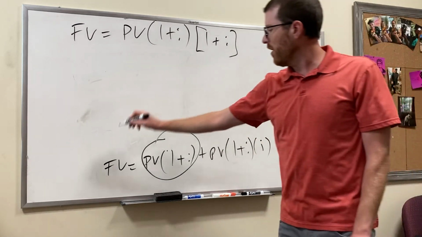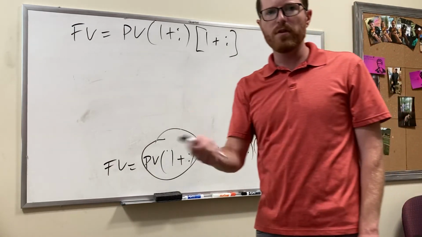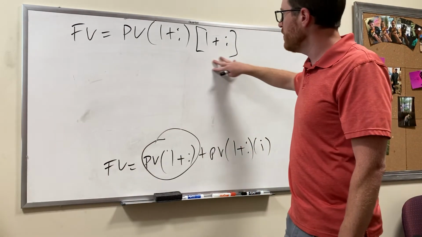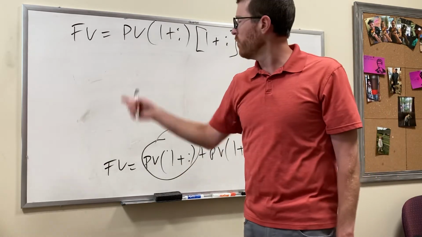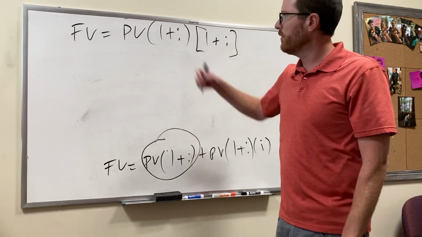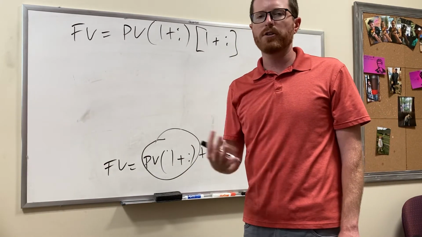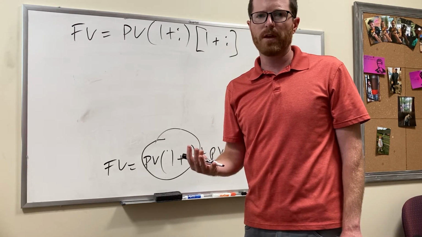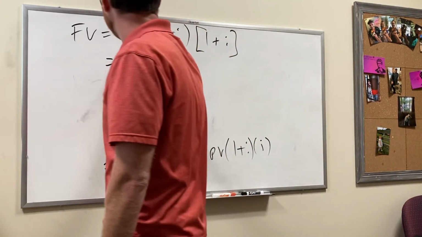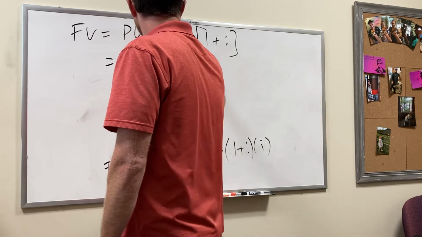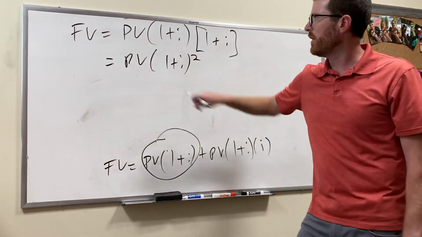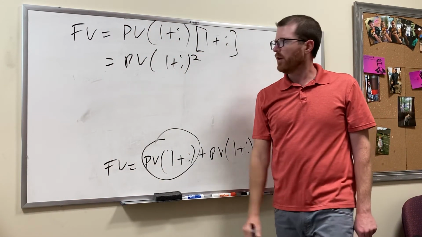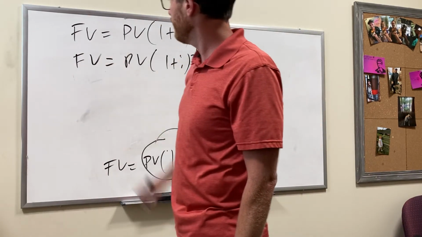So what I've solved for here is, after 2 years of investing, I can use this formula regardless of what the present value is and regardless of what the interest rate is. It is now a generalizable term, okay? And I could rewrite this as 1 plus I squared, right? The present value times 1 plus I squared is equal to the future value.